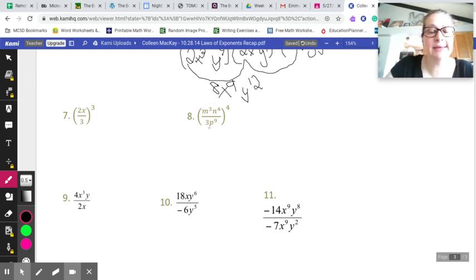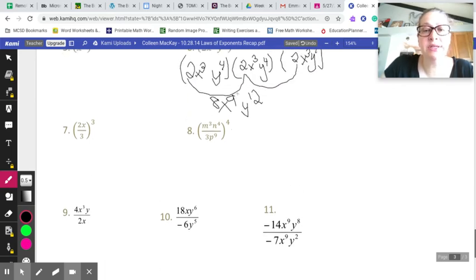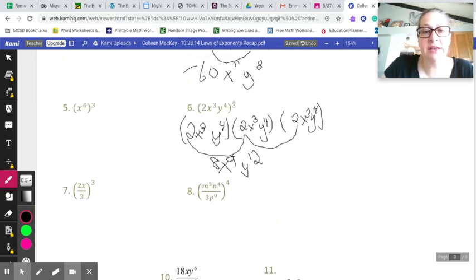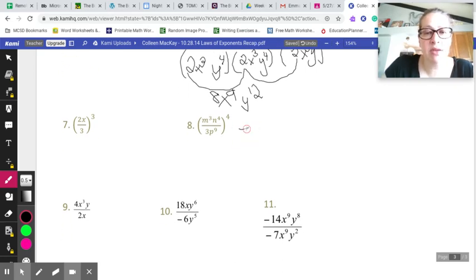Let's do number 8. It's really similar to number 7. So we noticed up above, if I had just taken this 3 and multiplied here, 3 times 3 is 9. 3 times 4 is 12. Okay, so I have 4 times 3, which is 12.